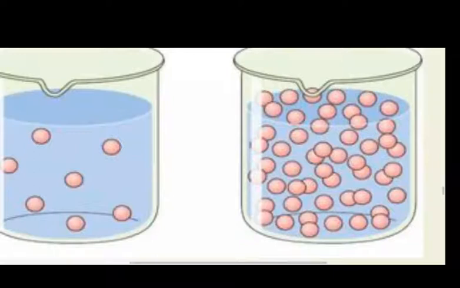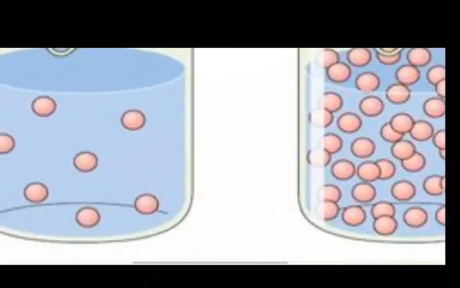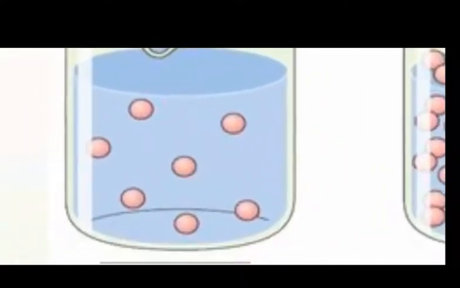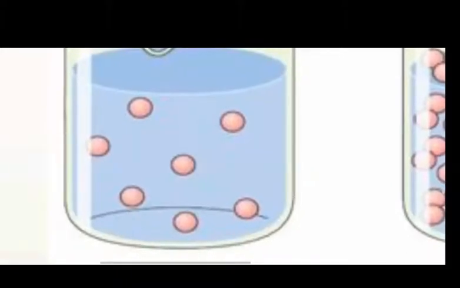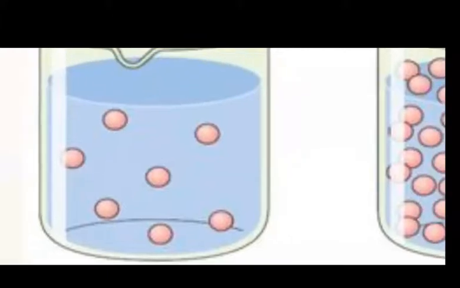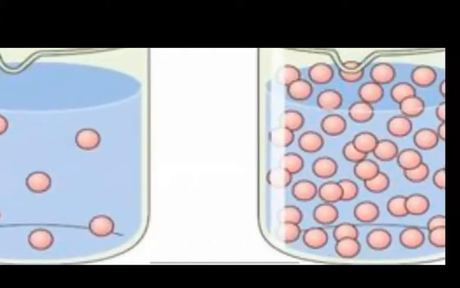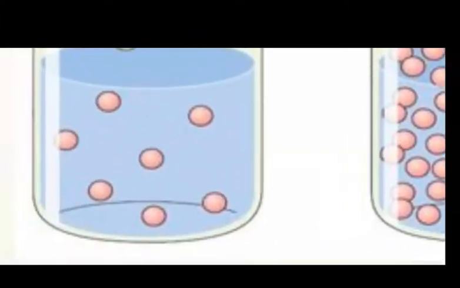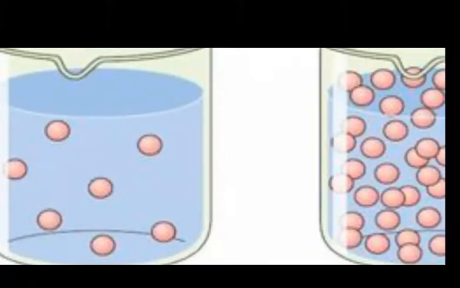So concentrated acid consists of more acid particles, while dilute acid consists of fewer acid particles. Understood? More particles of acid means it is concentrated acid. Fewer particles of acid means it is dilute acid. The same in the case of base or alkali also.